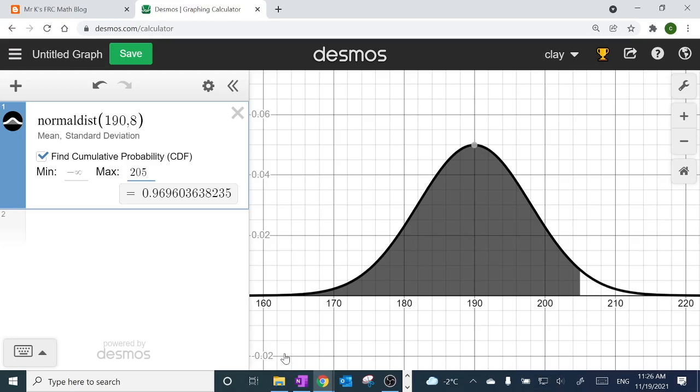So let's say 97% of her classmates who wrote this exam. That's pretty good. It doesn't show my graph, but it shows you the 96.9. That's because the window's set for back when it was a tiny little mean of 0. So we can change the window on that. I'll get to the TI in a minute.